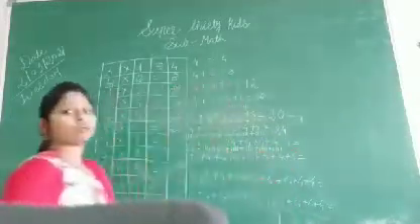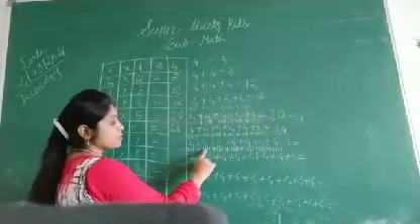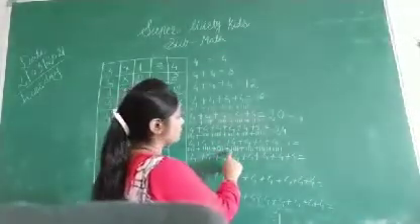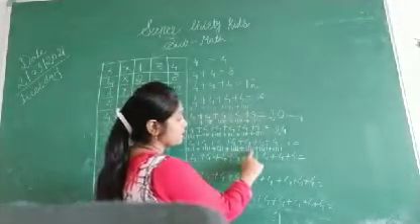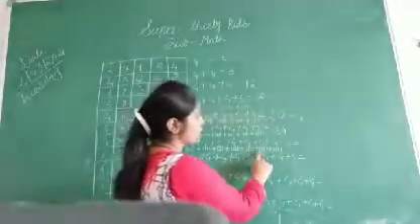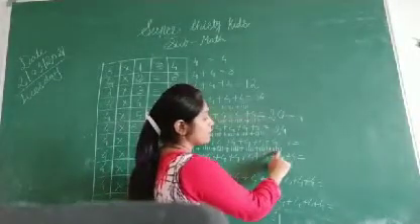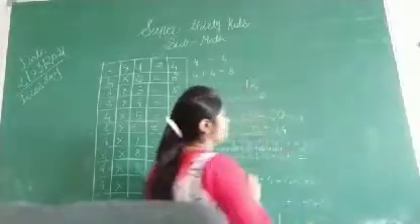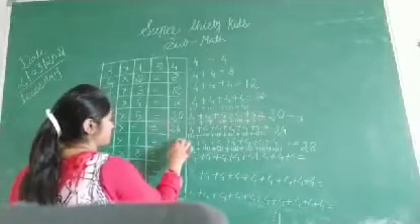Now count all lines together. 1, 2, 3, up to 28. So 4 sevens are 28.